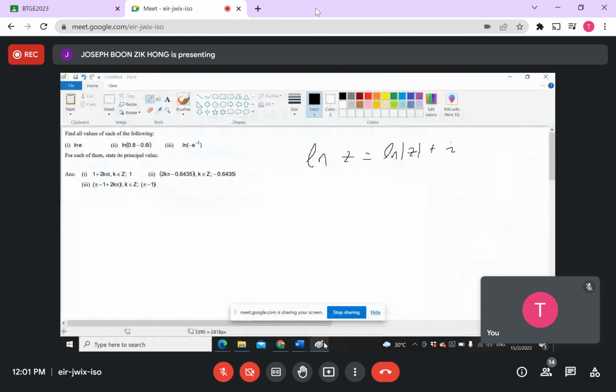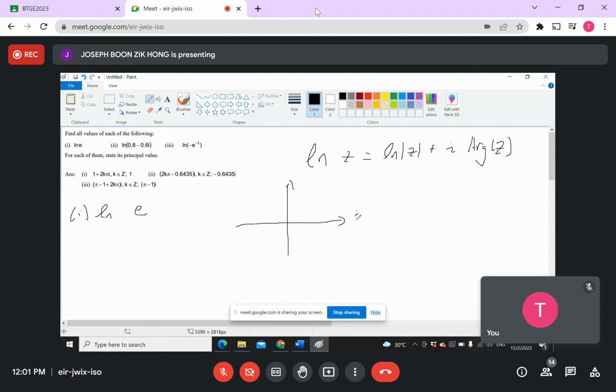Okay, so we continue. ln z equals ln modulus of z plus i argument of z. For the first one, ln e. What you have to do is find out what e is. The simplest way: e is 2 point something, which means you don't have a complex number.